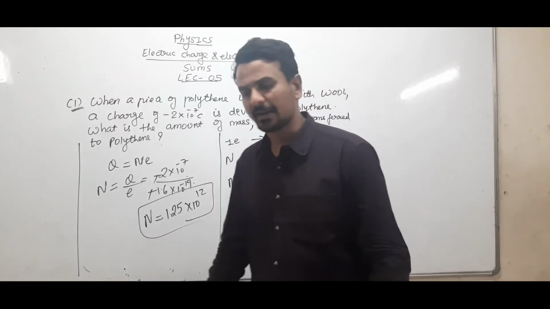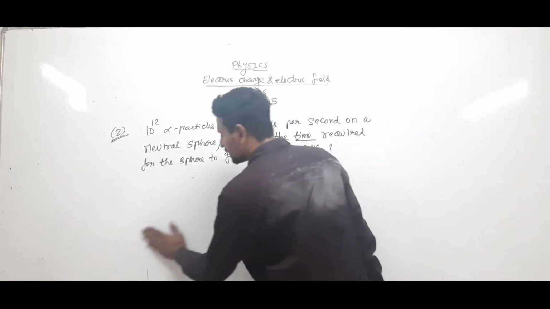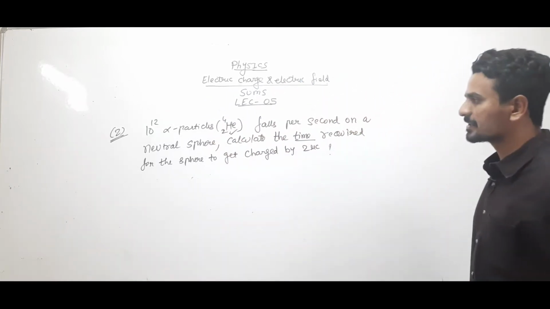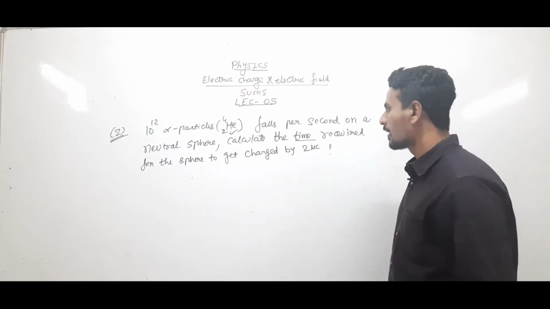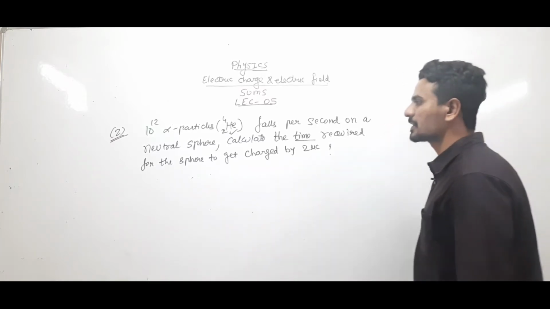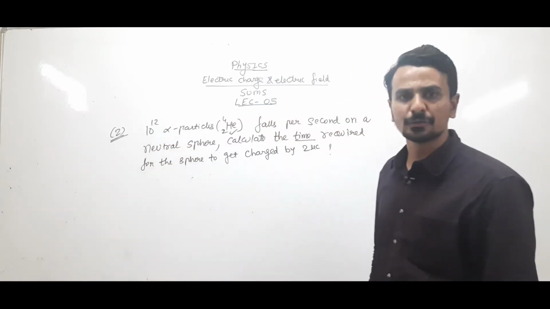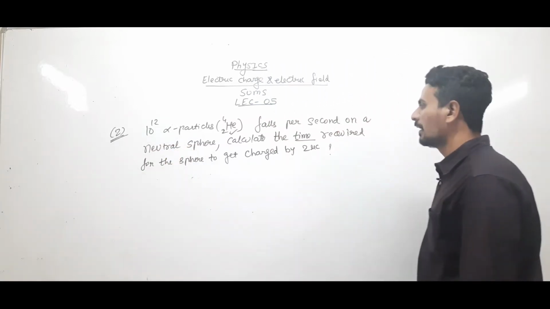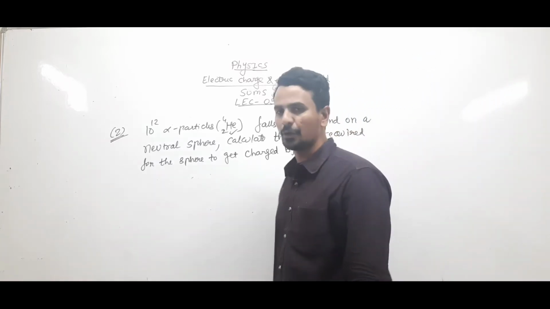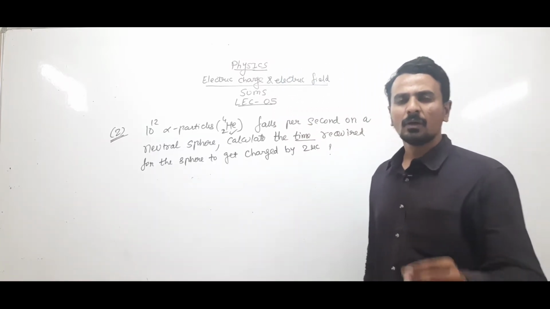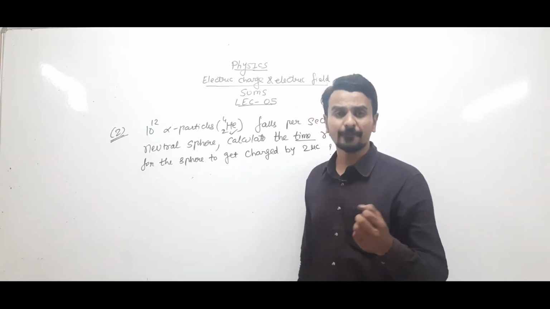Okay, fine. Now we'll solve another question based on quantization of charge. See, 10 raised to 12 alpha particles, helium 2He4, fall per second on a neutral sphere. This many alpha particles are falling on a neutral sphere in 1 second. Find the time required for the sphere to get charged by 2 microcoulomb. So what is the time required so that the sphere will have a charge of 2 microcoulomb?